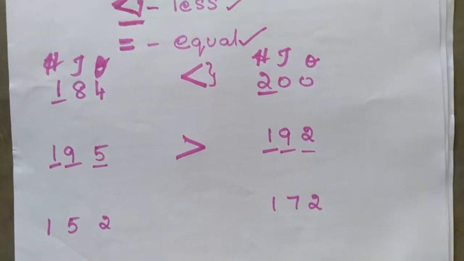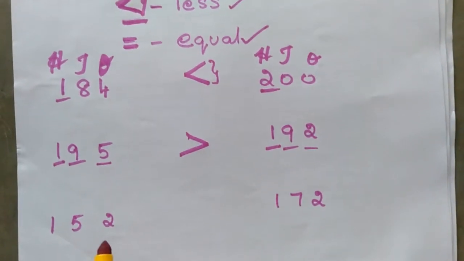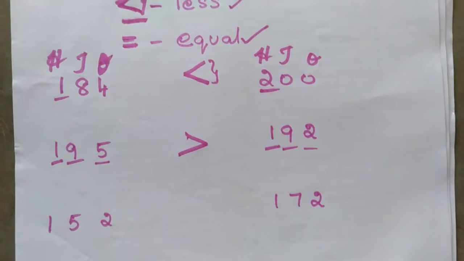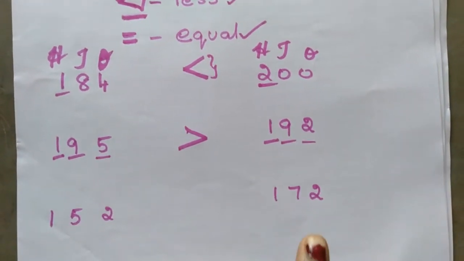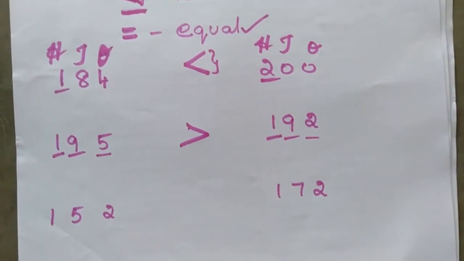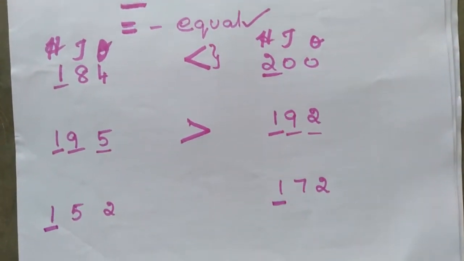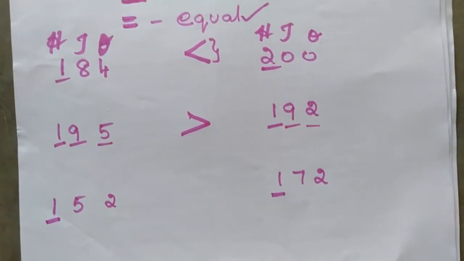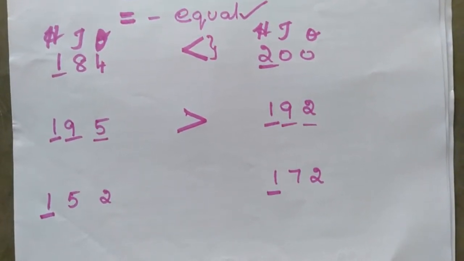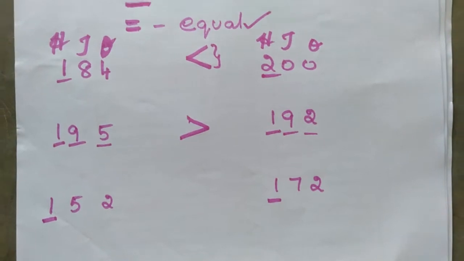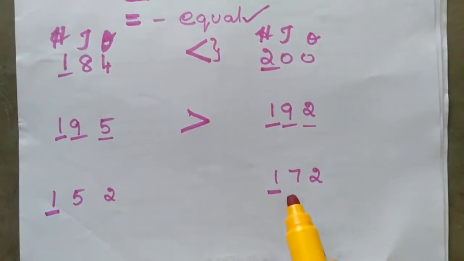Understood? The next, 152 and 172. When we compare these two, which number is greater? See the hundreds place. Here 1, here also 1. So both are the same. So we have to check the tens place. In the tens place, here 5, here 7.